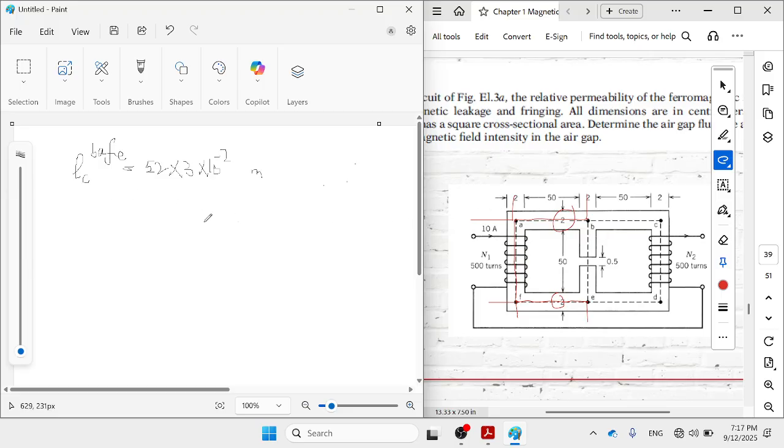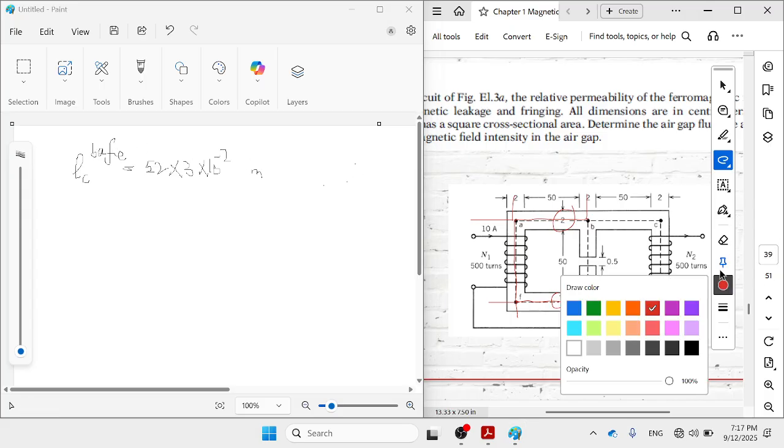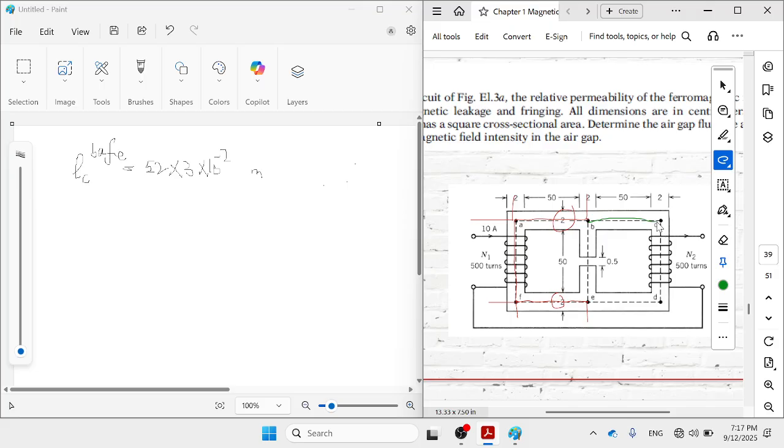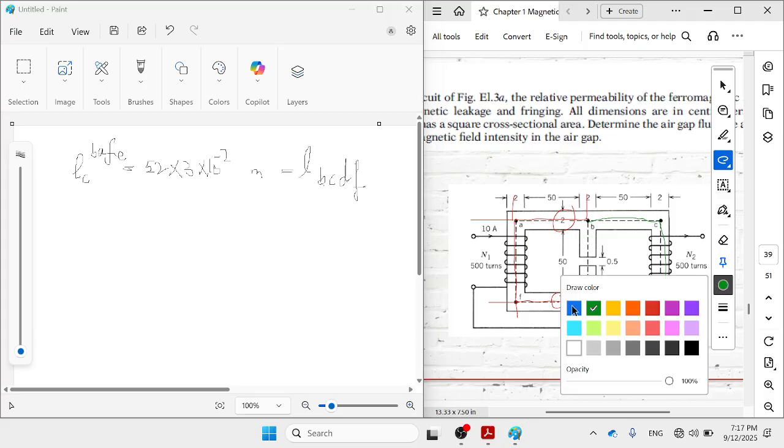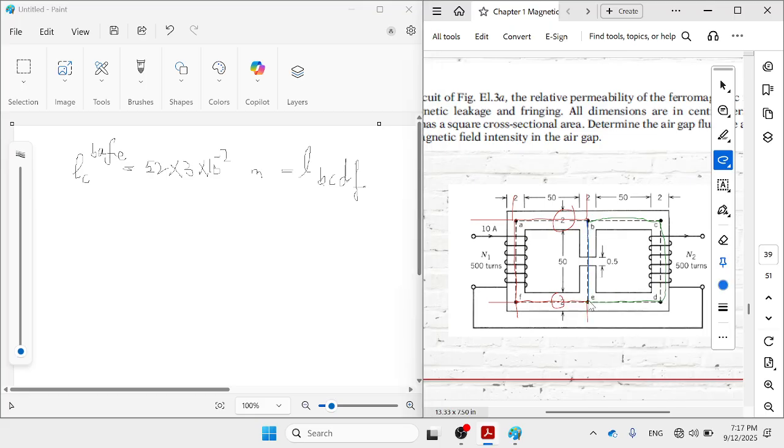So LC, the core length for BAFE, is exactly the same for the other side, BCDF. So it's equal to the length of BCDF, correct?